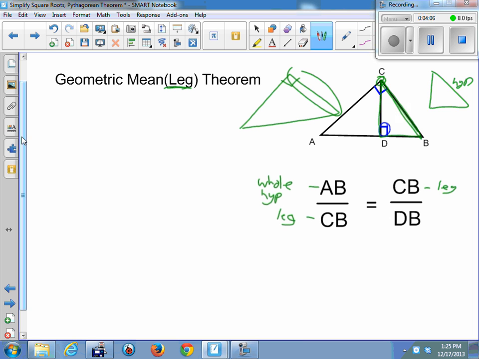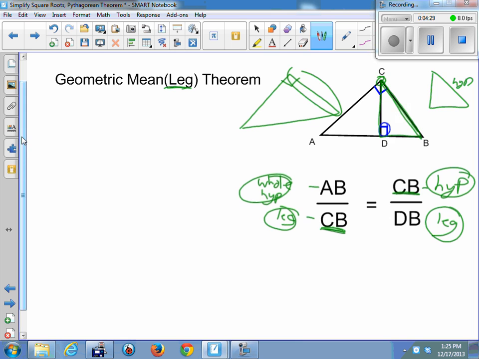In this case, this is not the leg, I'm sorry, this is the hypotenuse. And then DB is the actual leg. So in both cases, we have the hypotenuse over the leg. But in the big triangle, CB is a leg. In the small triangle, CB is a hypotenuse.